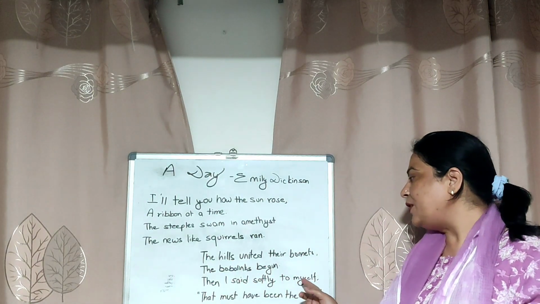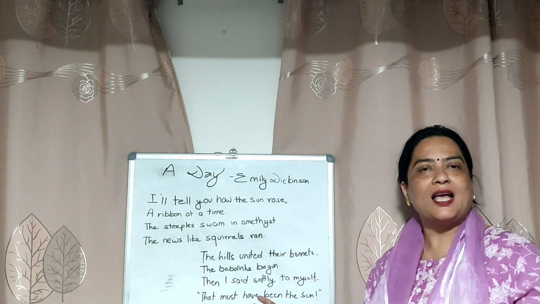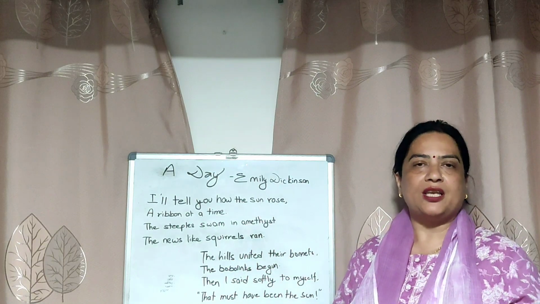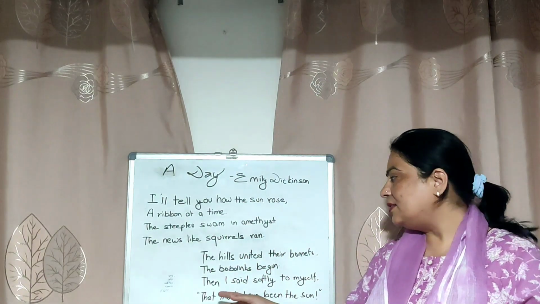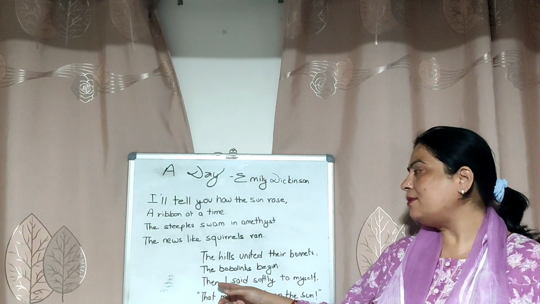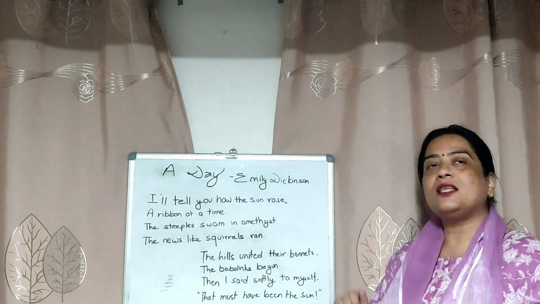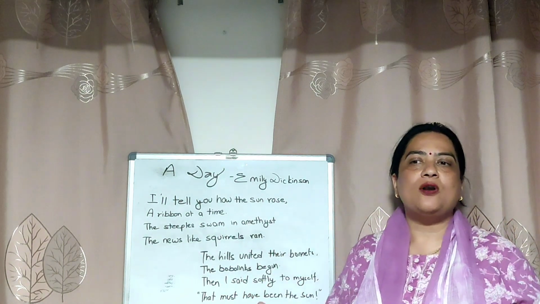Then I said softly to myself, and who is analyzing all these activities? A small child is enjoying nature and its activity. That's the reason the child says to himself, then I said softly to myself, that must have been the sun. So all this is controlled by the sun.